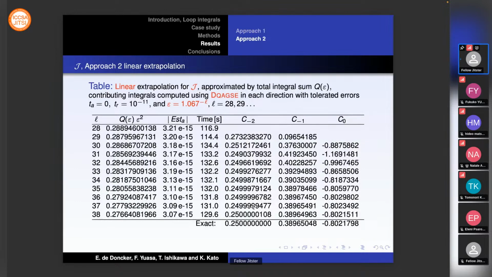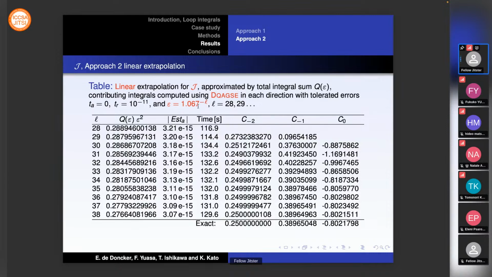For approach 2 then, this shows a linear extrapolation for the sum function, the sum of the integrals, as Q of epsilon multiplied by epsilon squared gives the input sequence for the extrapolation. The epsilon is a power of 1.067.